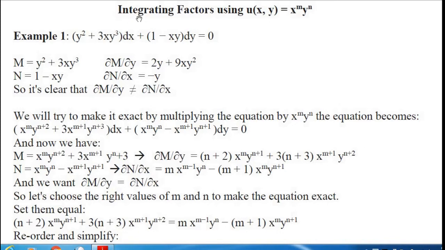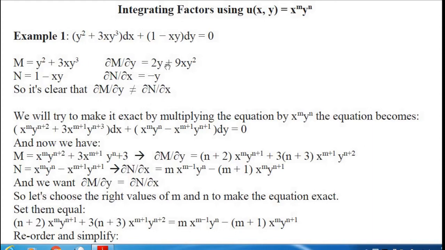So, first case, integrating factors using u(x,y) = x^m y^n. In this first problem, the integrating factor will be of the form x^m y^n. Example 1: (y^2 + 3xy^3) dx + (1 - xy) dy = 0. Here M is this term and N is the second one, 1 - xy.